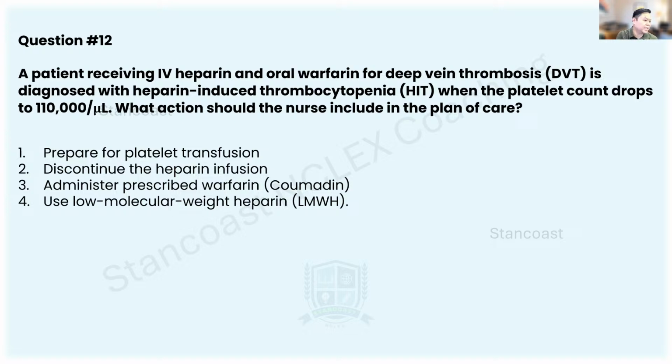We're talking about HIT, heparin-induced thrombocytopenia. So our correct answer here, guys, is to discontinue the heparin infusion. If it is subcutaneous, the same thing. We're going to discontinue the sub-Q injections of heparin 5,000 units every 8 hours and notify the medical provider in order to make it an official order.